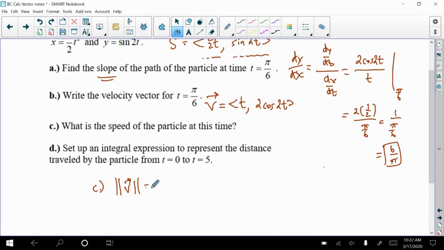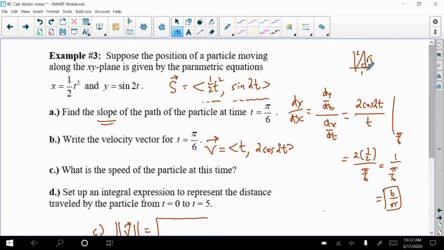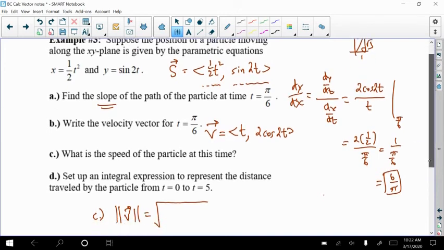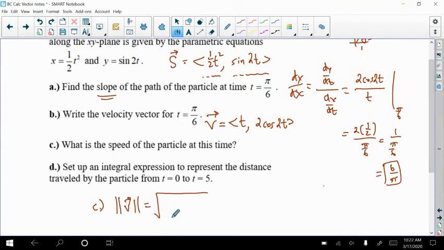Think of it as the Pythagorean theorem: if I'm going over a certain amount and up a certain amount, I want that component squared plus the other component squared. So it's the derivative of x squared, plus the derivative of y squared.